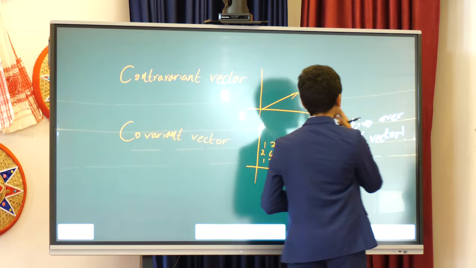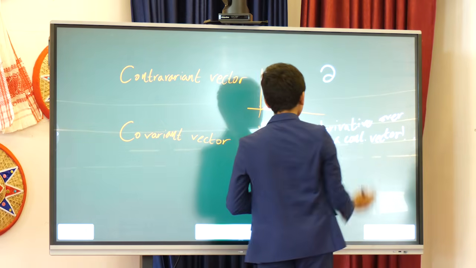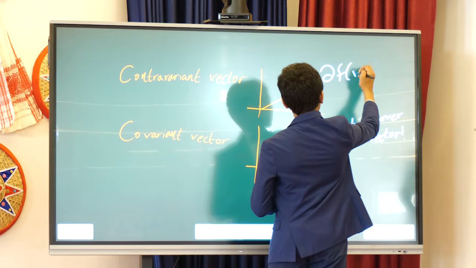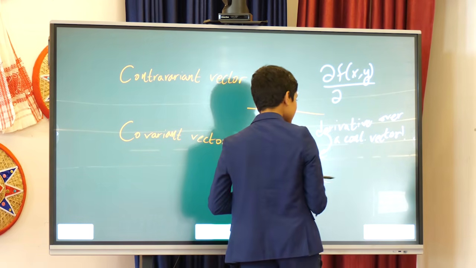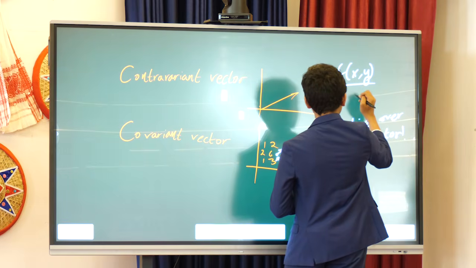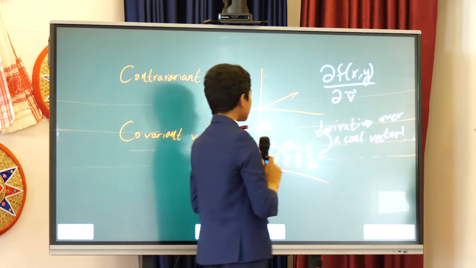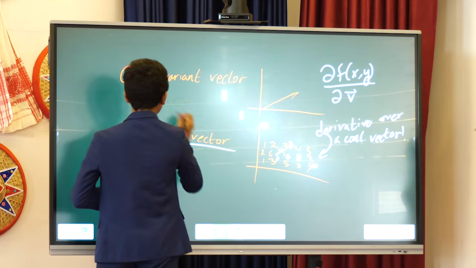If you've ever taken calculus 3 or multivariable calculus, you'll find that it looks like the partial of this function in some random direction, ds. So we're going to call that some vector, actually, v. And so that is what we call a directional derivative, also known as a covariant vector.